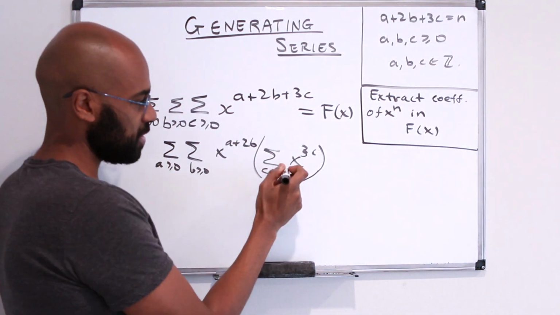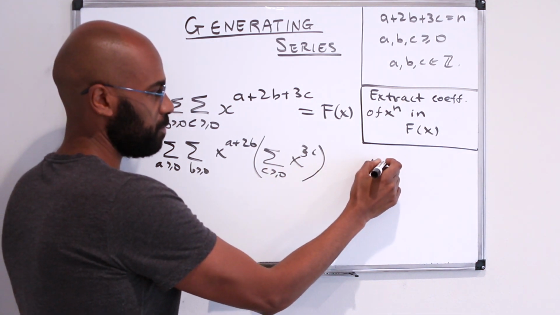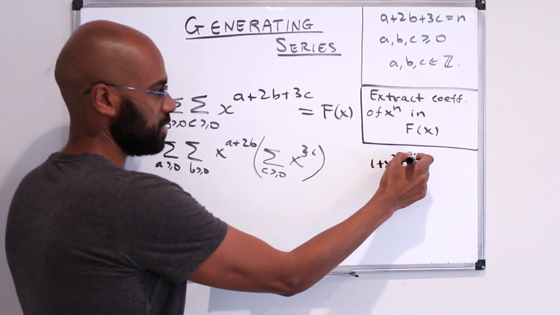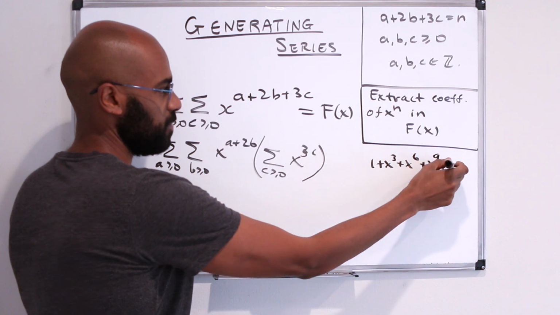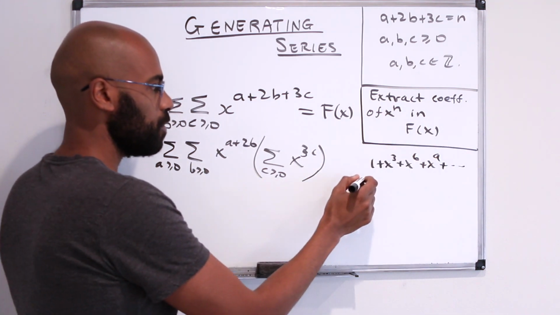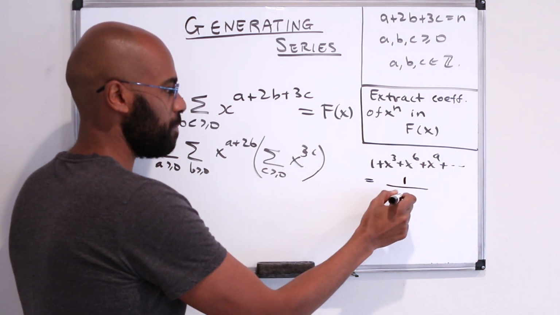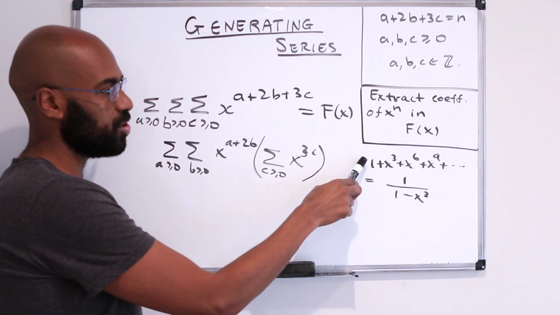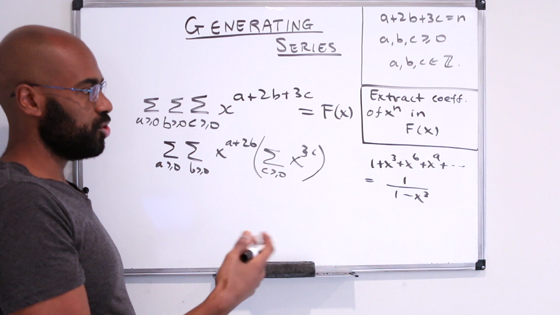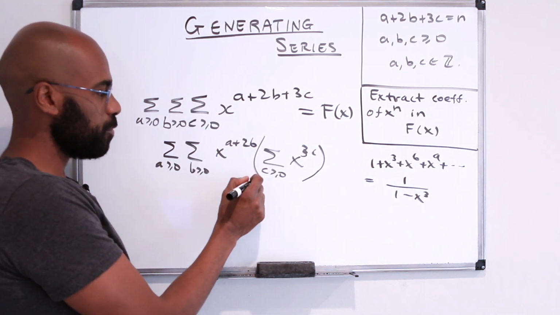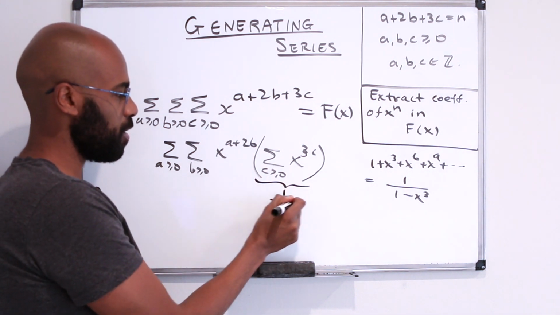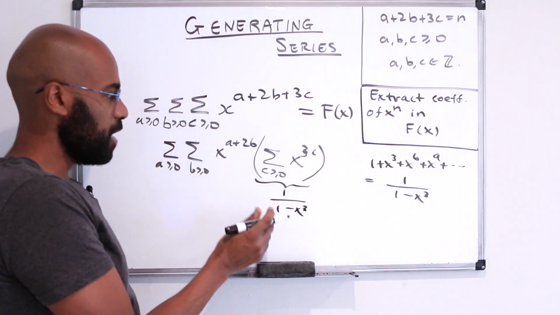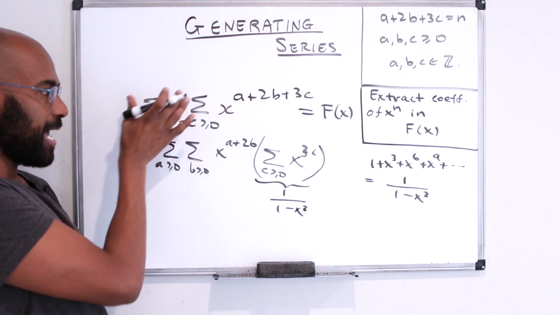Now this series is 1 plus x cubed plus x to the 6th plus x to the 9th, etc., which is the same as 1 over 1 minus x cubed. One way to see this is that it looks a lot like the sum of an infinite geometric series. So we can replace this entire thing by 1 over 1 minus x cubed, which we can then take completely out of this sum.